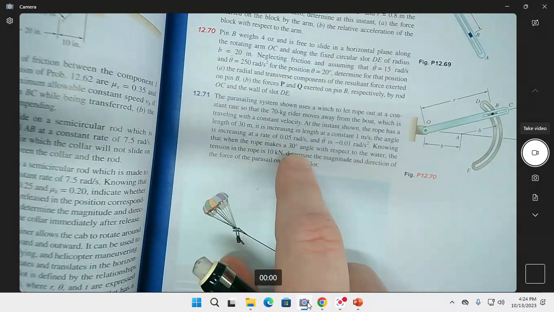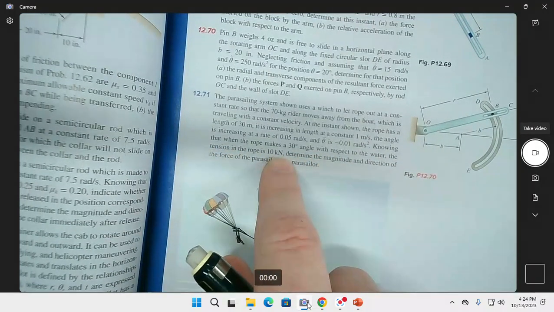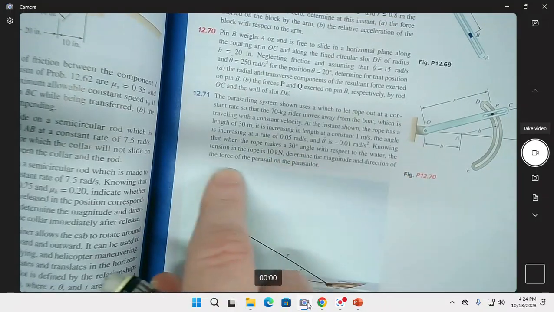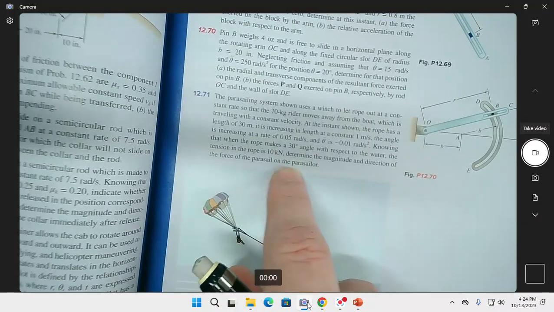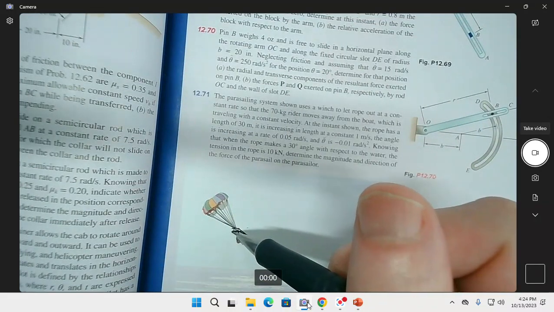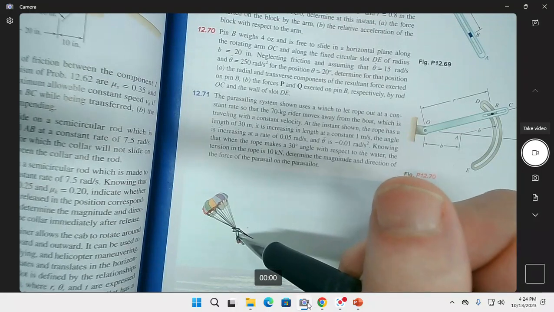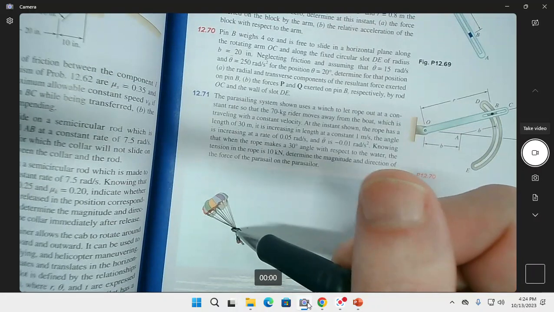Knowing that when the rope makes a 30-degree angle with respect to the water, the tension of the rope is 10 kilonewtons, determine the magnitude and direction of the force of the parasail on the parasailer, right? You have to picture that spot, because you see all these cables.